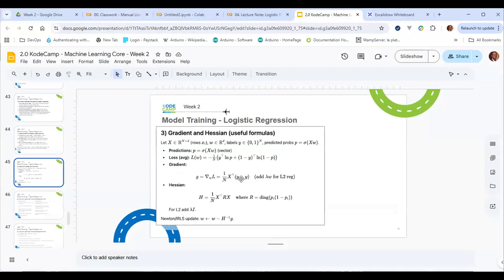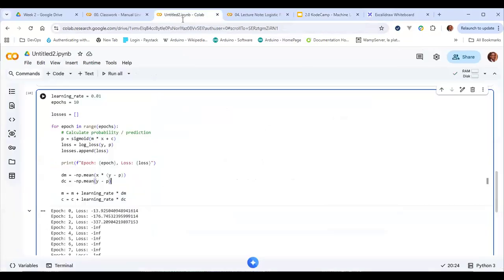The sign of the gradient must be the same as the sign of your prediction. So here the prediction was P minus Y. So the prediction is positive, while the actual value Y is subtracted, right? But here it was flipped. So the prediction is now having a negative sign.